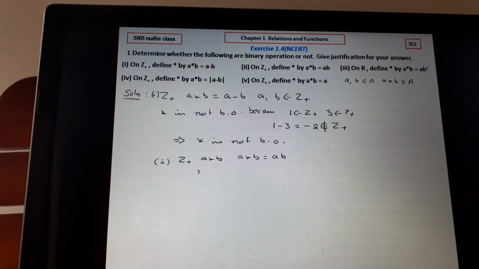So A belonging to Z plus and B belonging to Z plus, AB belongs to Z plus. So this implies star is a binary operation. So this is the second one. First one is over, second one is over.